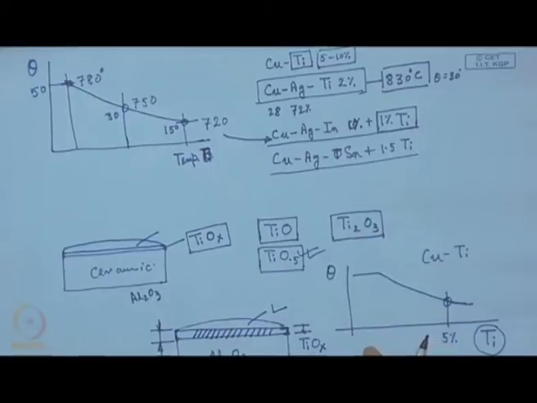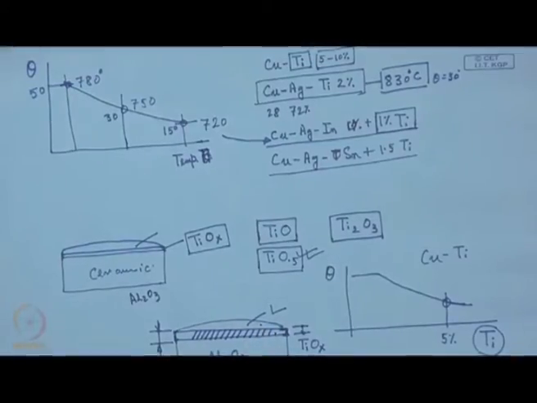It cannot adjust itself to the change in volume because of the change in temperature. That means the coefficient of thermal expansion of this reaction layer is quite different from that of the liquid and of aluminum oxide. As a result, this may lead to crack formation and the joint may break, and this can happen with any of the ceramics.